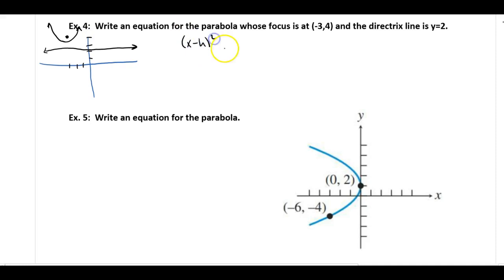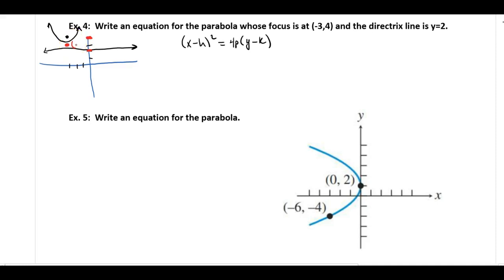So my equation is in the form (x - h)² = 4p(y - k). So right away, do I know my vertex? No, but I know my vertex is going to land directly in between the directrix and the focus. So in this case, if this is at 2 and this is at 4, I know 3 is going to be the middle.